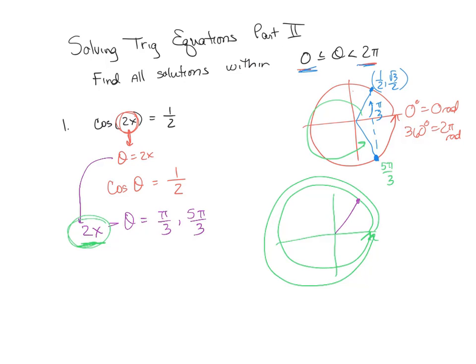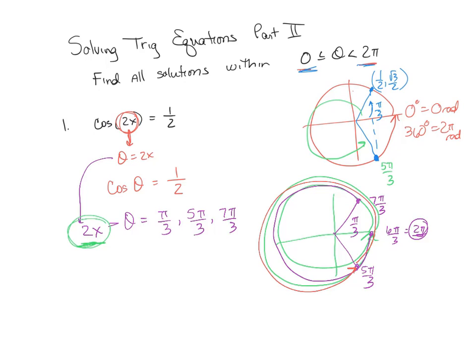So I have pi over 3, and if I take that and go around again, remember 2 pi is 6 pi over 3. So this is also going to be 7 pi over 3. So I'm going to have pi over 3, 5 pi over 3, and 7 pi over 3. And let's take the 5 pi over 3 one, and go around again a whole 2 pi more.